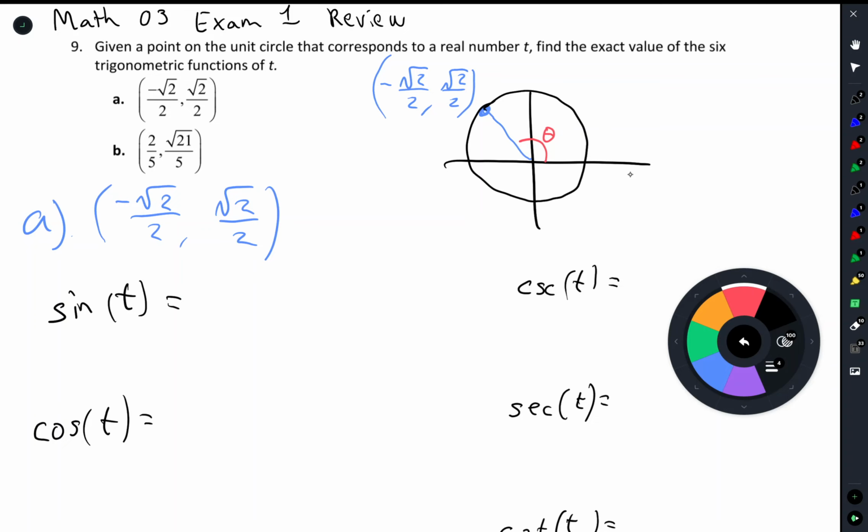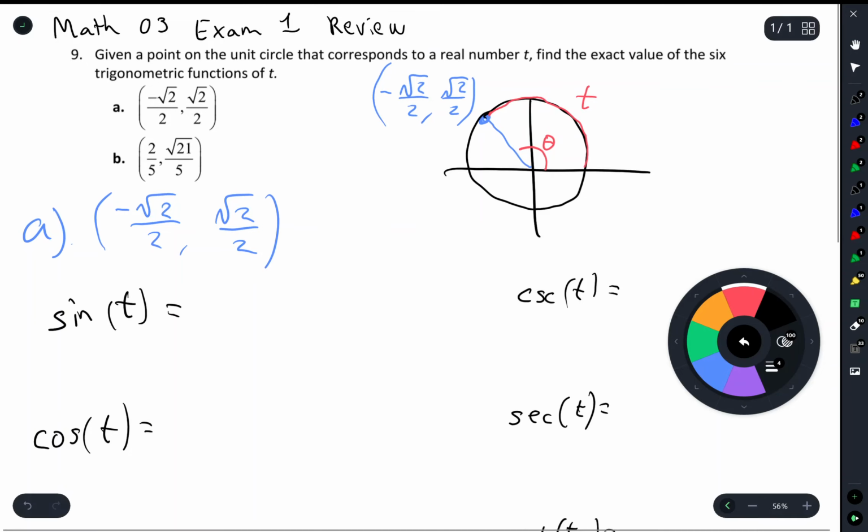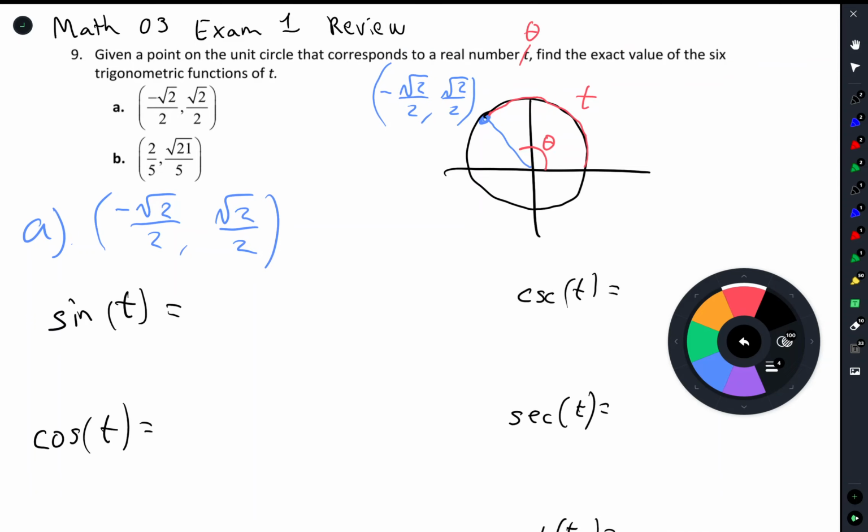Instead of thinking about how far you're traveling in terms of an angle, think about if you're on the surface of this circle. How far are you traveling in order to get to that point? And that value is t. Now, again, that's the theory basically behind it, but when we solve, it's really not going to make a difference whether we use theta or t. So if you want to take out t and just put in theta, it's not going to make any difference really.